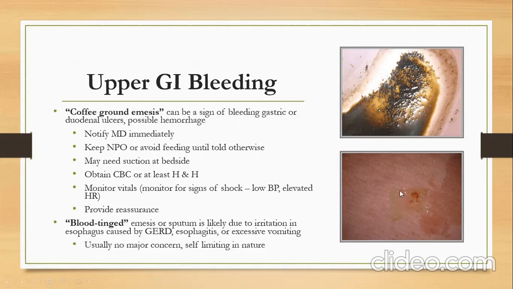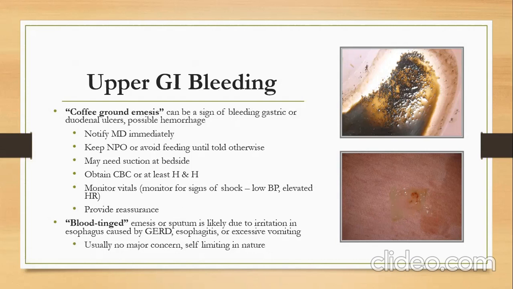This little spot of blood right here, or if somebody coughs and it's just a little bleeding, that's just from irritation, whether it's GERD, like with the babies, when they said they may have some blood in their vomit, it may be from just light irritation.